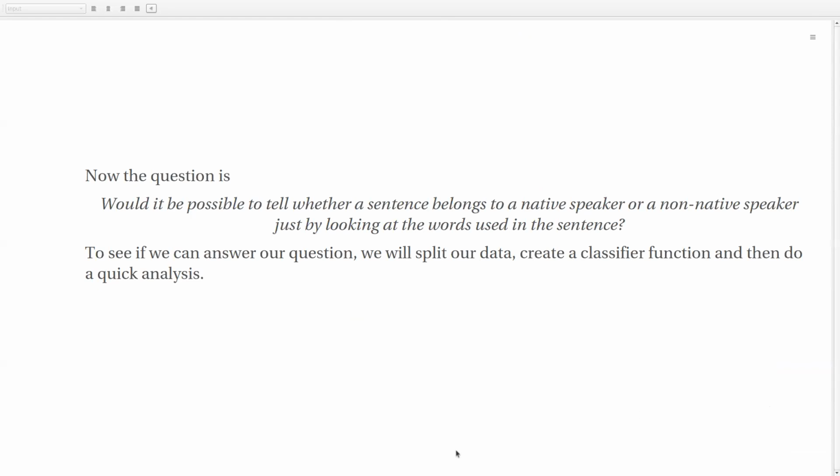Now the question is, will it be possible to tell whether a sentence belongs to a native speaker or a non-native speaker just by looking at the words used in the sentence? We split our data and created a classifier.